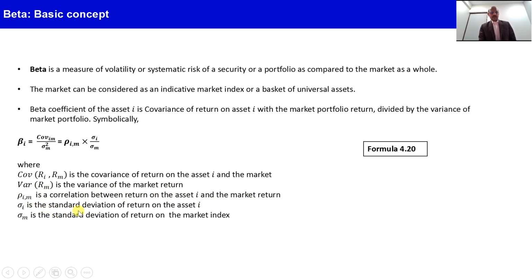Sigma i is the standard deviation of return on asset i, and sigma m is the standard deviation of return on the market index. So this is a very important formula to remember for how to calculate beta in financial terms, if you have the standard deviation of the market, the standard deviation of the security, and the correlation between the two.